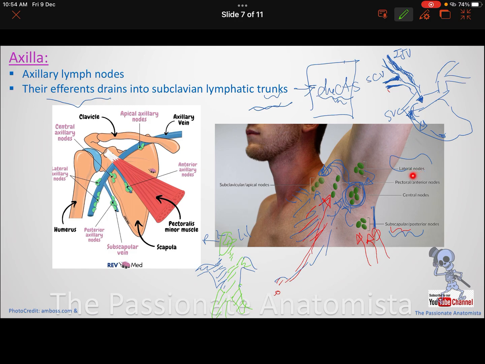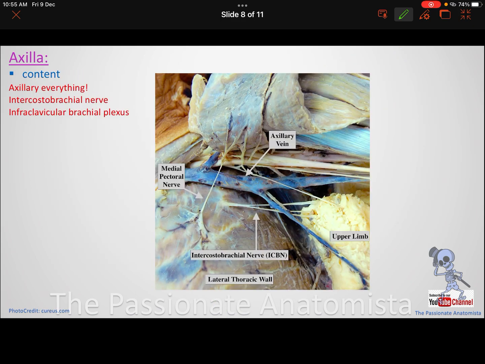But because the lateral lymph nodes drain from the upper limb, they have nothing to do with the breast. So you might get a question like that: which of the following axillary lymph nodes is not affected by breast cancer malignancy, which is going to be your lateral axillary lymph nodes, although it is axillary, it's not related to breast cancer.